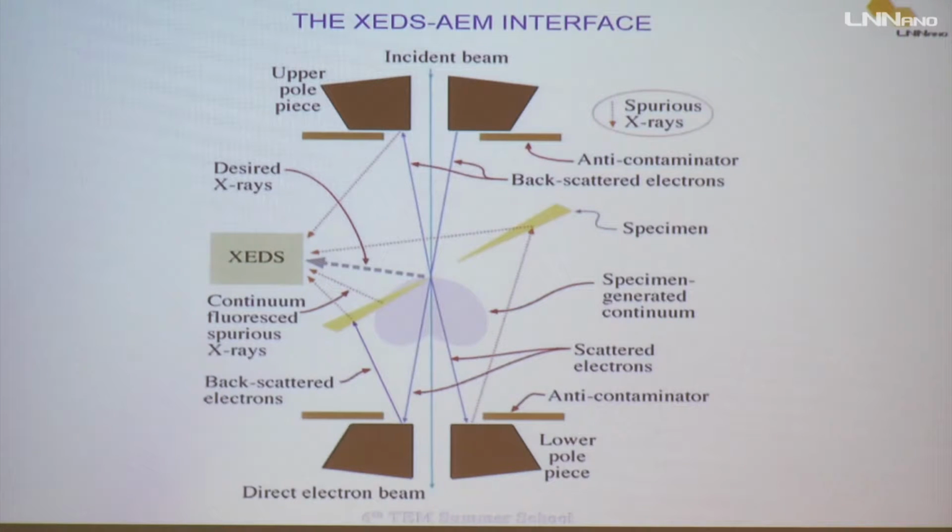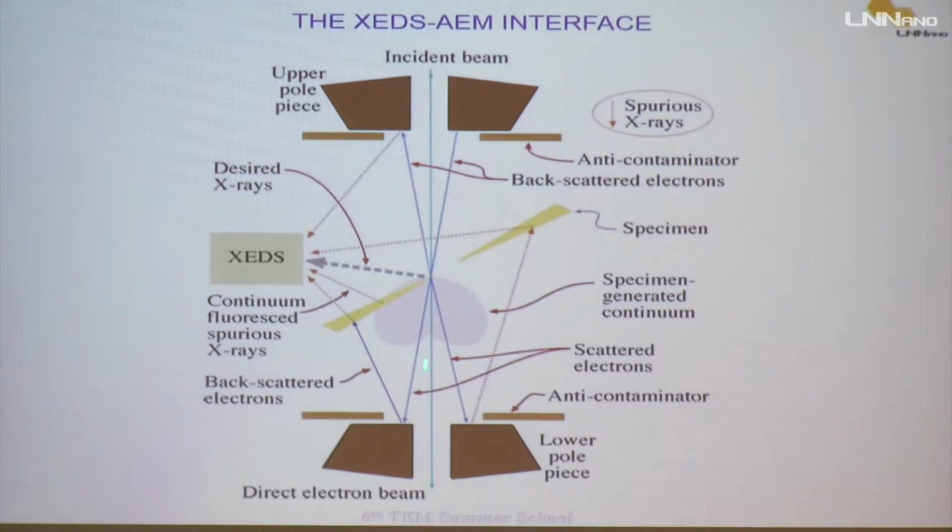It's the kind of specimen whose preparation I showed, where you make a dimple inside of it, and then you excavate a small hole in the center. Usually people tilt the specimen in the direction of the detector to improve the collection of the X-rays, okay?